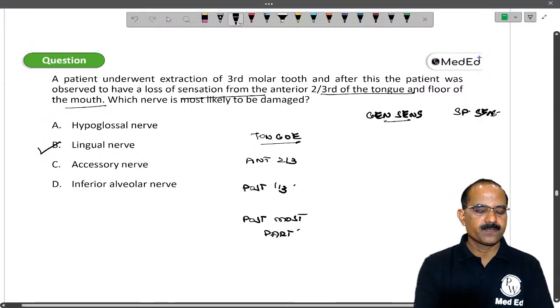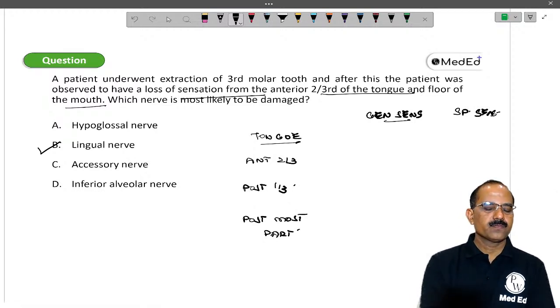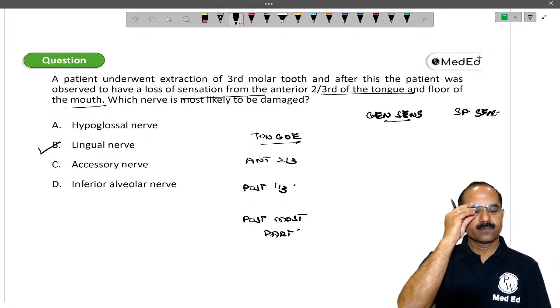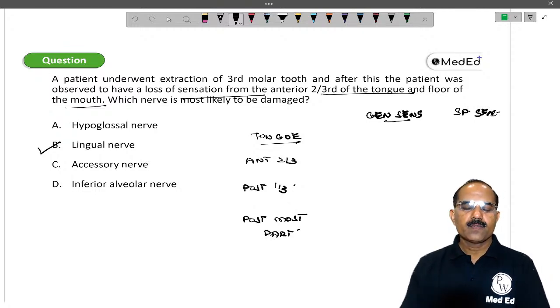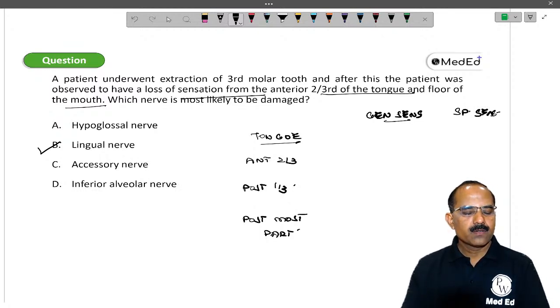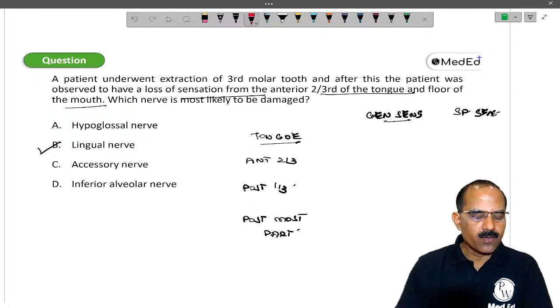Any guesses? यस बच्चों बोल सकते हो. Chorda tympani. Anterior 2/3 of the tongue who supplies? Okay. Anterior 2/3 of the tongue who supplies is chorda tympani, and chorda tympani is a branch of facial nerve.